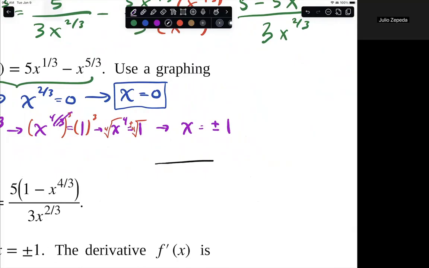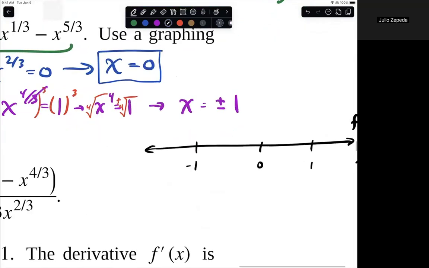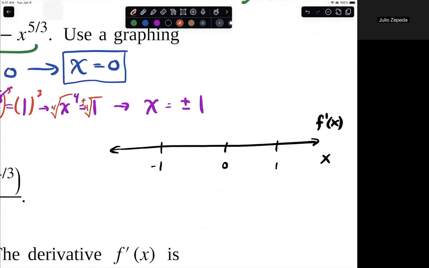And so now we can make our line here for the first derivative test. Negative 1, 0, positive 1, x, f prime of x. Okay, so what are our test points? Let's choose easy numbers. Negative 2, positive 2. We'll choose 1/2 and negative 1/2.